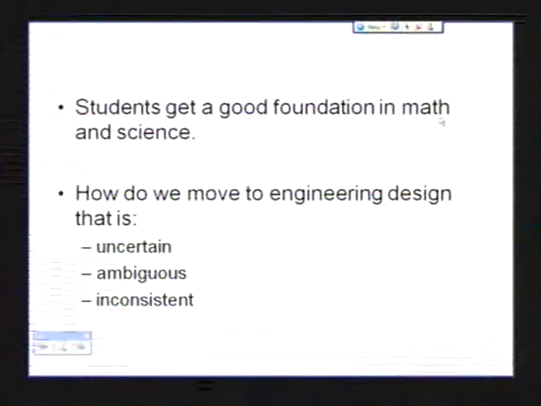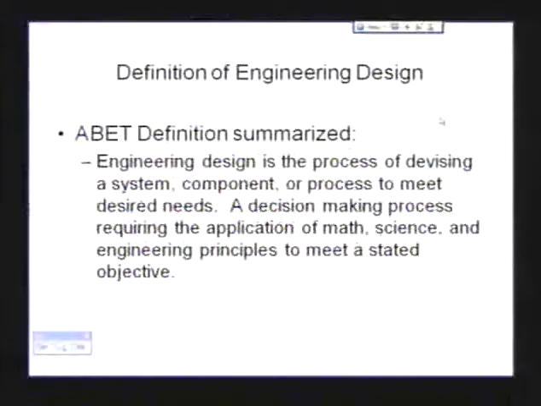Okay? So, since our problems aren't well posed and we have things that are uncertain and we don't know whether things are going to work, and our boss doesn't necessarily have all the information that we need, so we have to make some assumptions, how do we go ahead and do that engineering design? Well, this is a definition. I don't know how many of you have ever heard of ABET.